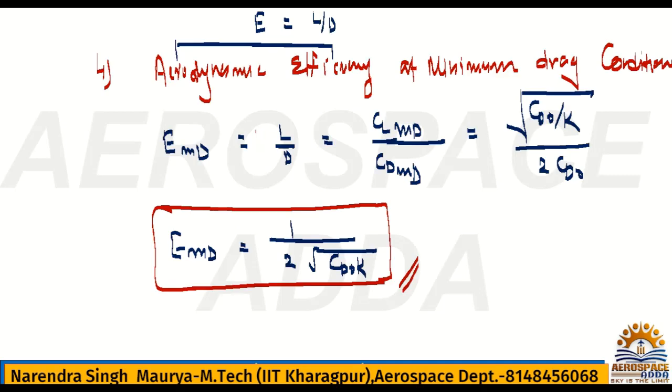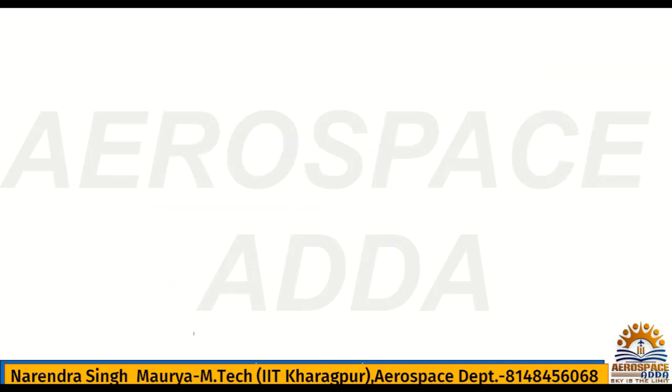Similarly, aerodynamic efficiency at minimum drag. In the previous class, we had seen the minimum drag condition and calculated the velocity and all the parameters, including the aerodynamic efficiency, which is L by D, at the minimum drag condition.